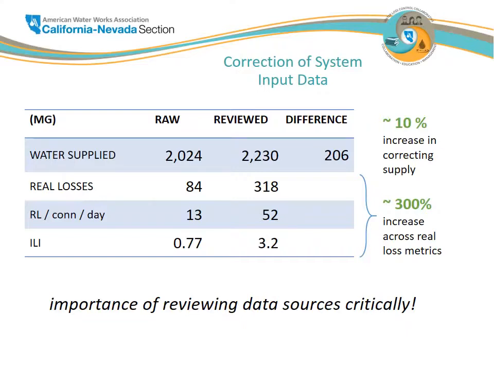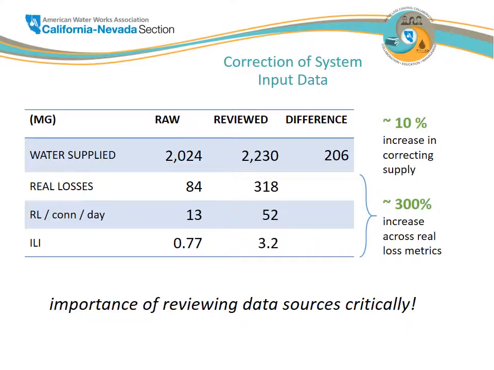And even further still, an ILI of 0.77, which suggests you're losing less than the technical minimum, and then changing to an ILI of 3.2, which suggests you're losing 3 times the technical minimum, those are pretty significantly different pictures of water loss.